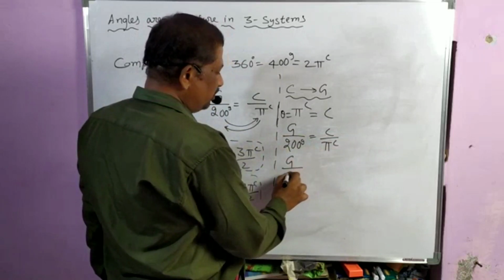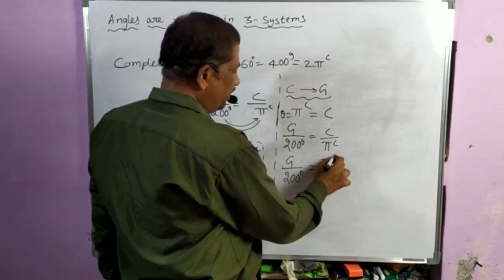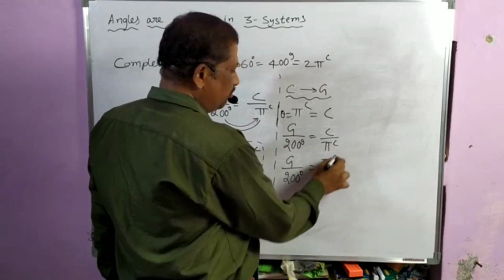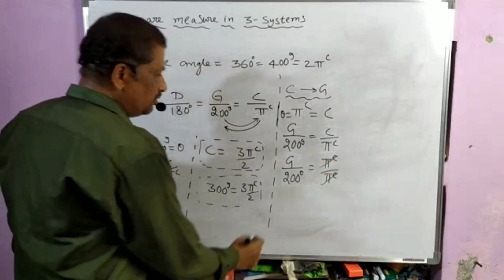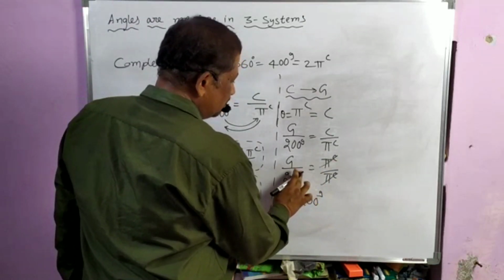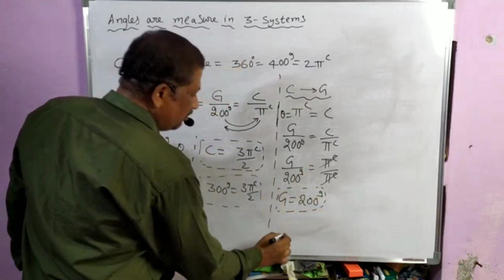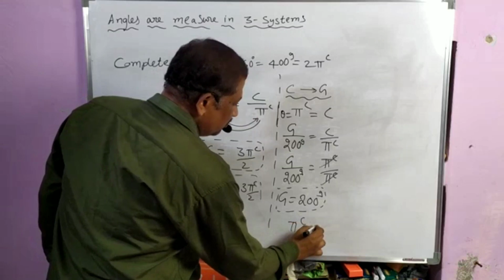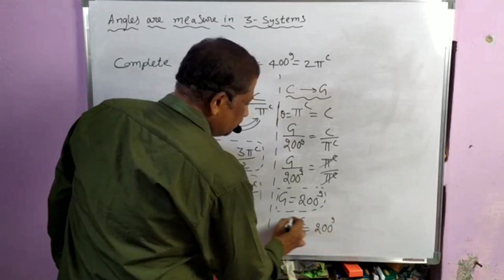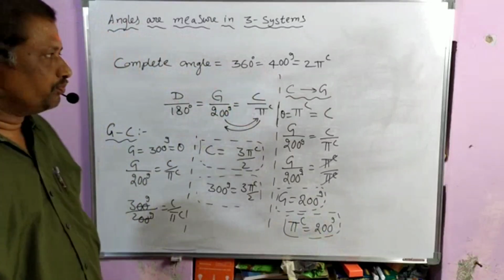So G by 200 grades is equal to pi radians by pi radians. Both will cancel, so we get 1. So G is equal to 200 grades will come. So therefore, pi radians is equal to 200 grades. Okay, clear? No conflict.